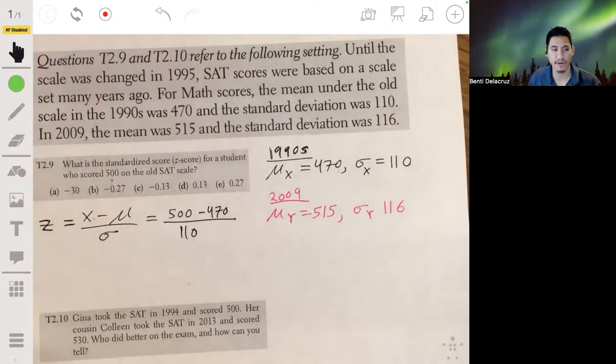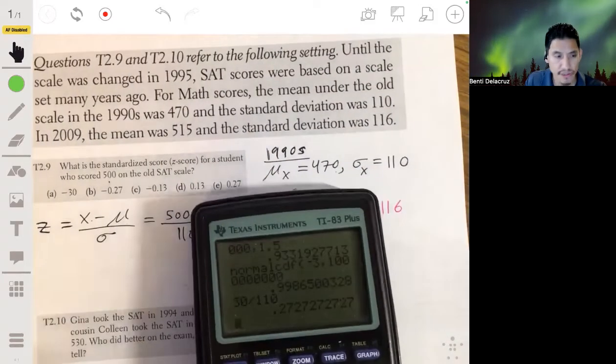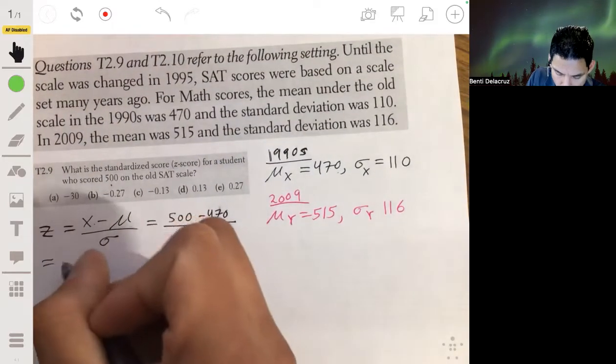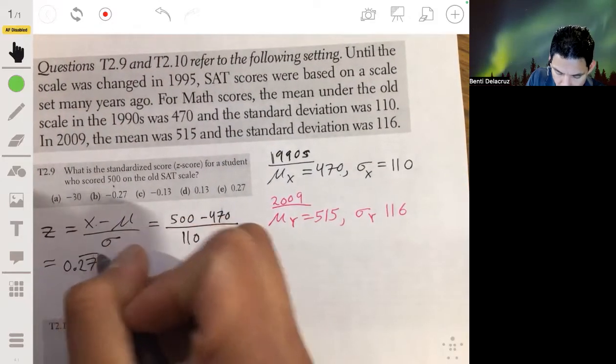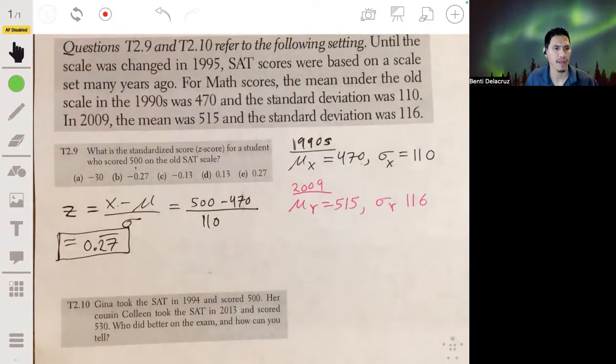We really just have 30 divided by 110. We have a Z-score of about 0.27 repeating. And so your answer will be E for number 9.